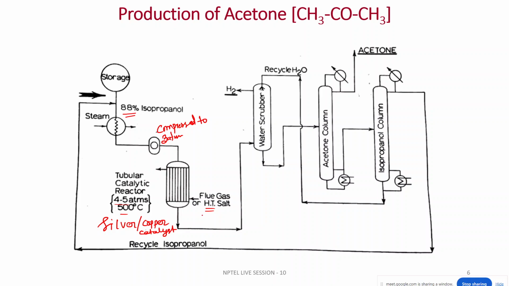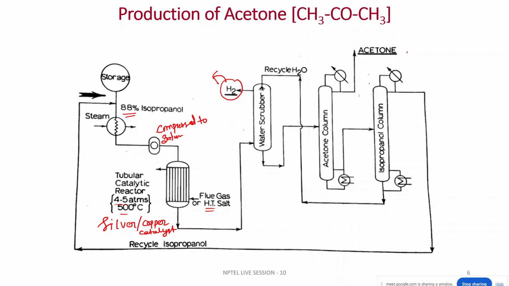So after the reaction, the product is taken for water scrubbing, while the dehydrogenation process is occurring and hydrogen is taken out. The product is further taken to the acetone column where we want to separate the acetone from the mixture.